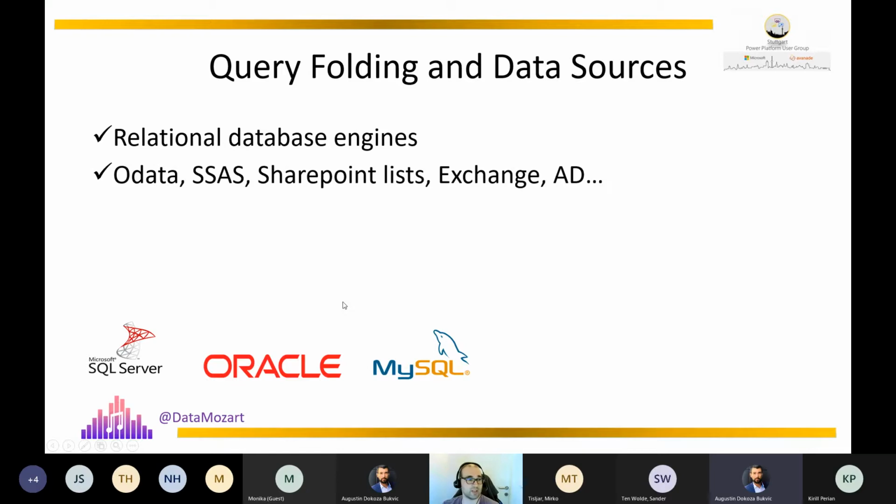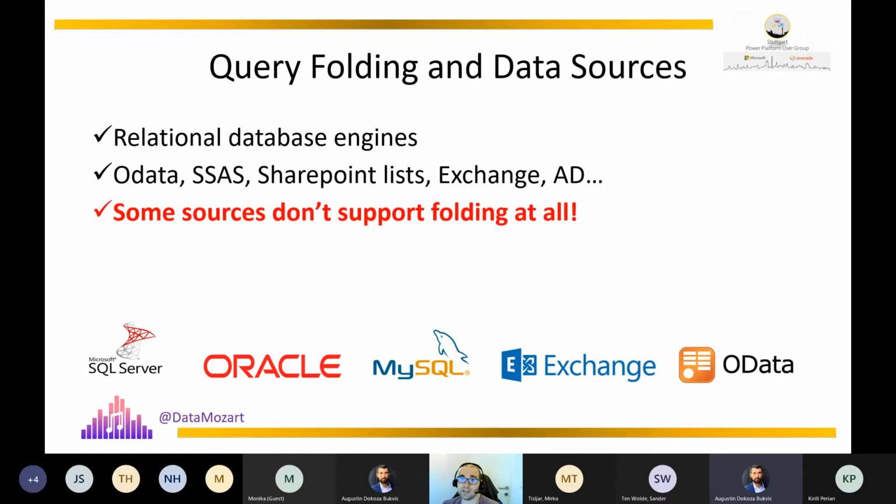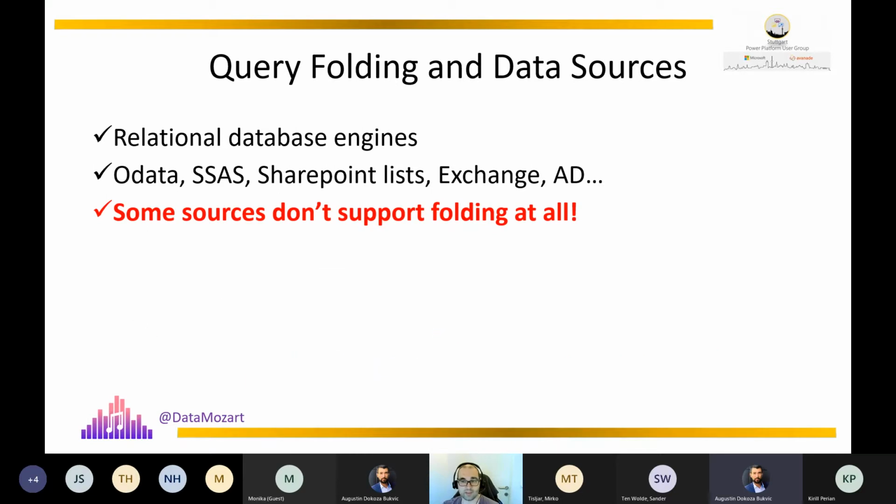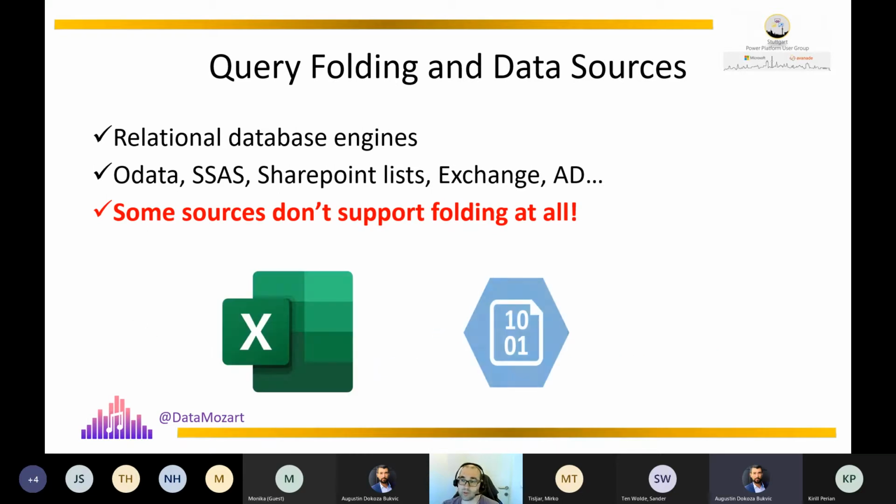Those other data sources can be OData, analysis services, SQL Server Analysis Services, SharePoint lists, Exchange, and Active Directory, for example. On the other hand, there are some sources that don't support query folding at all. For example, Excel files, blob storage files, or flat files in your Power BI data sets. When you use them, the query can't fold.